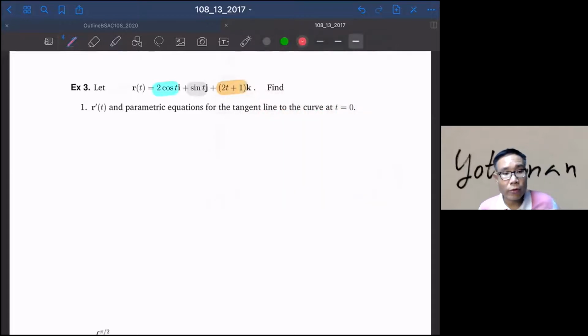So you have r'(t), we'd like to find r'(t), and we'd like to find the parametric equation for the tangent line to the curve at t equal to 0.